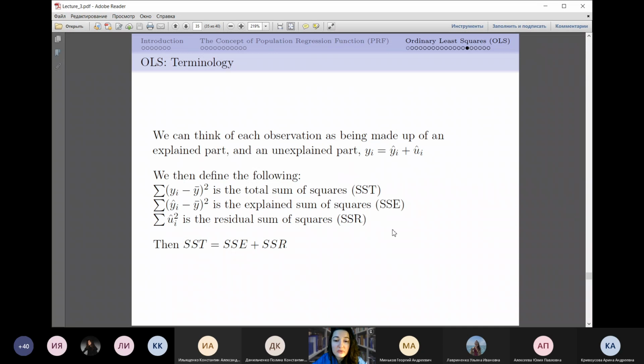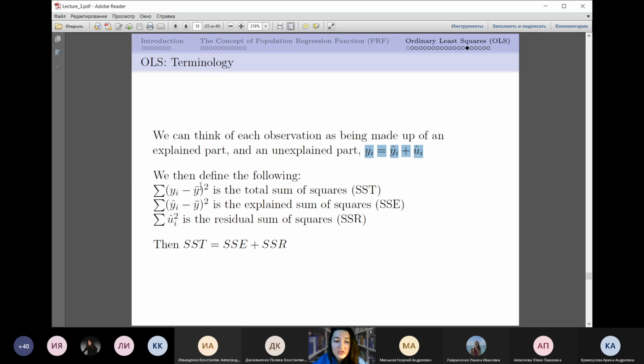If you write y as its fitted values plus the residual, you can obtain another way to interpret the ordinary least squares regression. And we can derive from this equation the total sum of squares, as well as the explained sum of squares and the residual sum of squares.